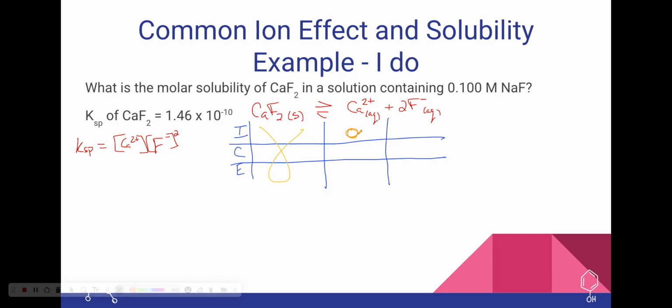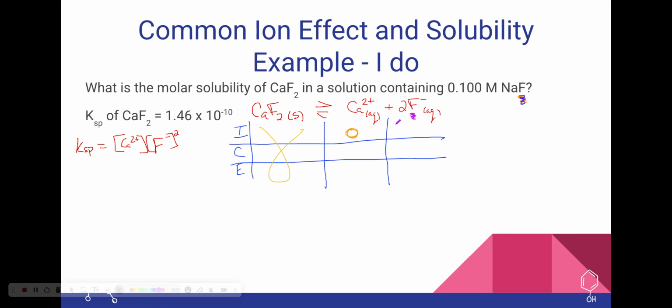But the question is, are we starting off with 0 fluoride? And the answer to that is no, because we have a common ion here, right? So we've got fluoride and we've got fluoride, okay? And guys, that fluoride is going to tell us, so we have fluoride here, and let me just change this to purple, and we have our fluoride here, right?